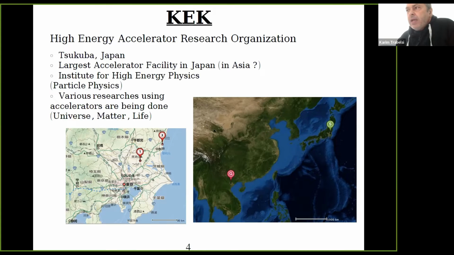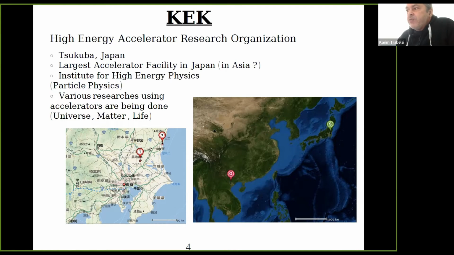I think it is the largest accelerator facility in Japan, certainly, and maybe also in Asia. Here I show the map of Japan, with Tokyo here. I don't know if you can see my cursor. I hope so. So Tokyo here, and a little bit more in the north.